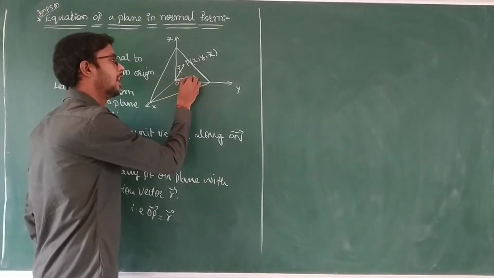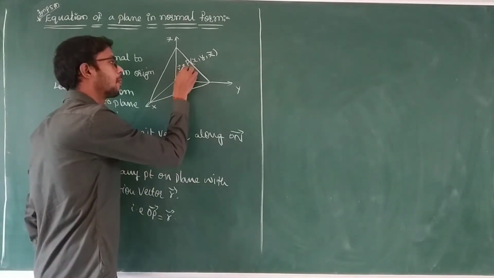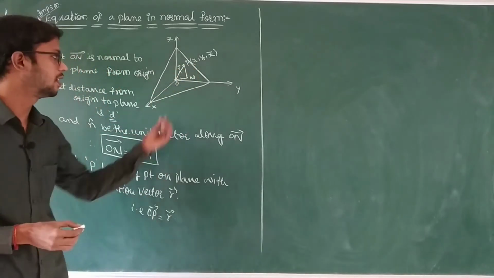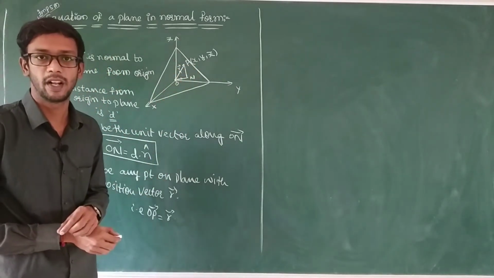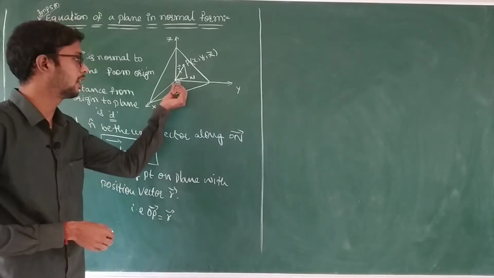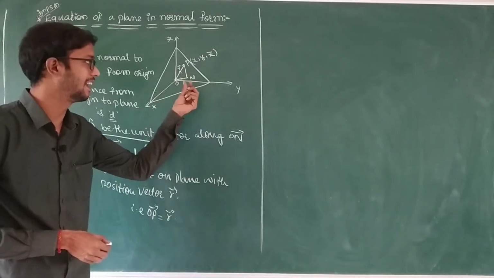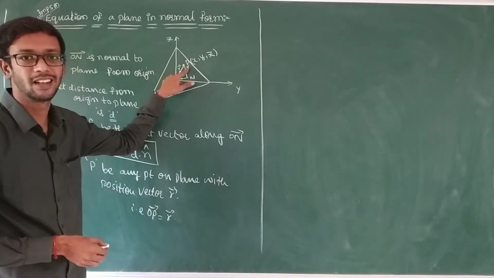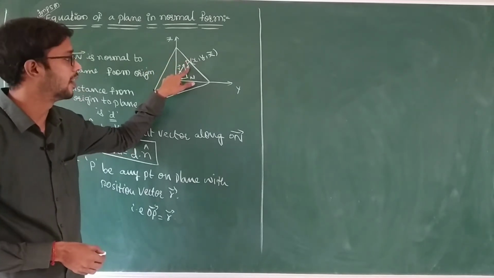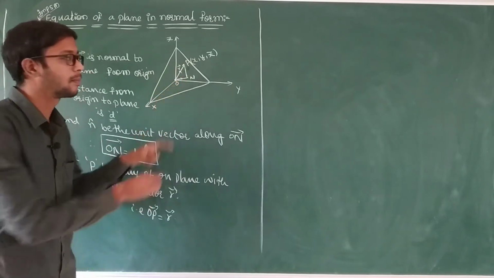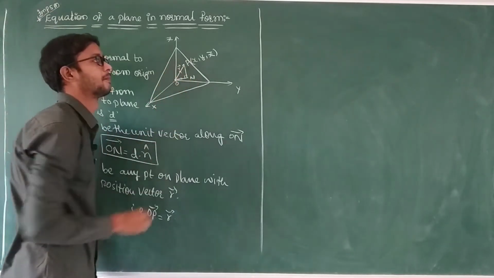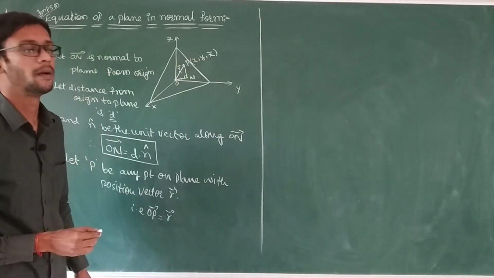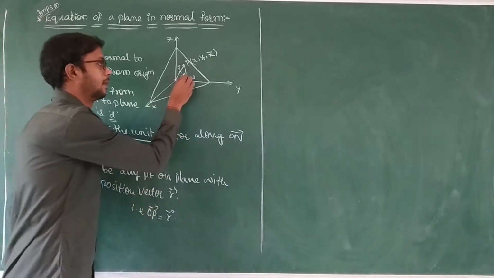If you join N and P, see here ON is perpendicular to the plane, and P lies on the plane. That means ON is perpendicular to NP.